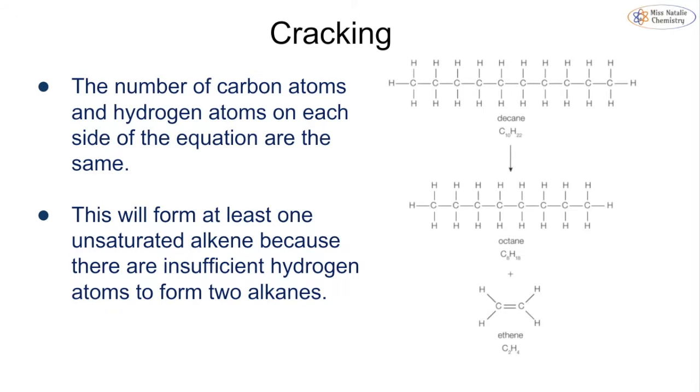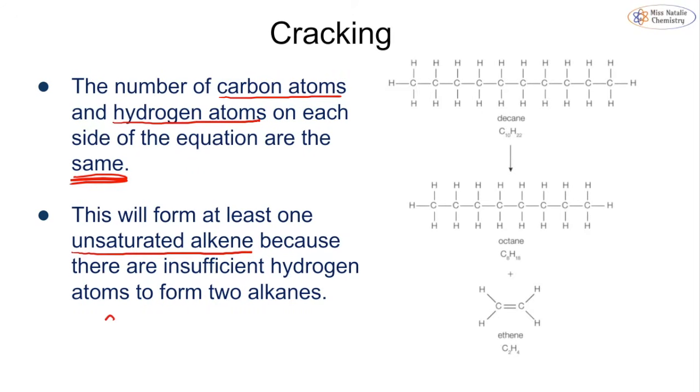Now, when we're looking at a cracking experiment in terms of what we actually make, what we need to make sure we have is that the number of carbon atoms and the number of hydrogen atoms on each side of the equation are the same. So we're not actually removing any of the carbon or hydrogen. All we're doing is just breaking it down into shorter chains. We will also form at least one unsaturated alkene because we have not enough hydrogen in order to form two alkanes.